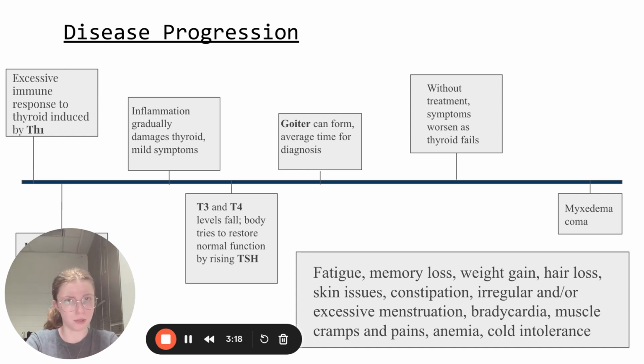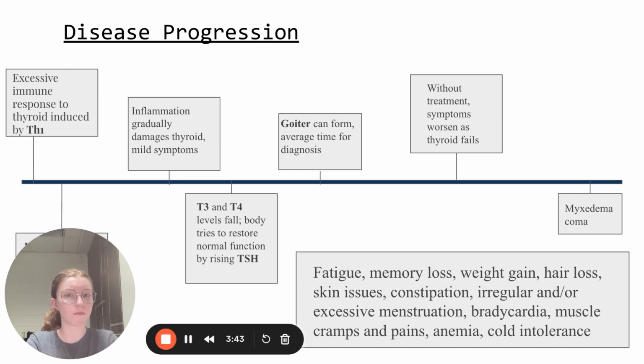These are cells in your body, if you have this, that are targeting your thyroid specifically. Lymphocytes of all kinds are going up to the thyroid. They're sticking there, they're attacking, they're doing all sorts of damage. And that is when you start seeing milder symptoms.